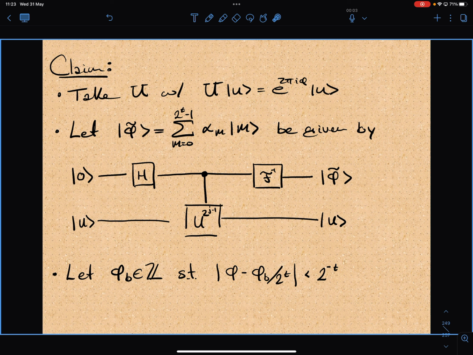Then we're defining phi tilde to be the result of the same quantum circuit. So we're going to apply the same quantum circuit, but now we don't know that phi has a terminating expansion. So the result is actually going to be a superposition of different states of different numbers.